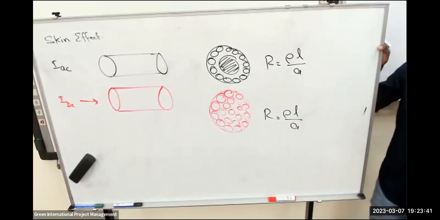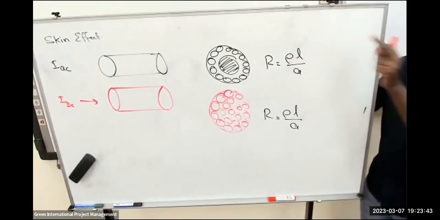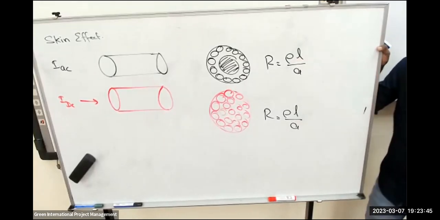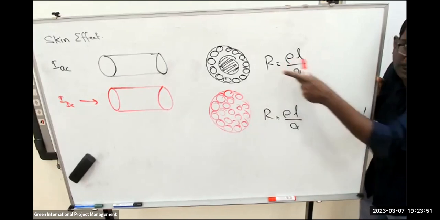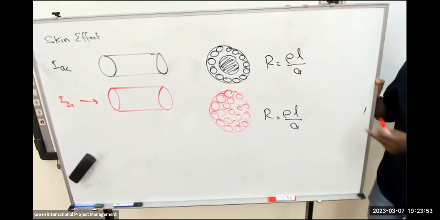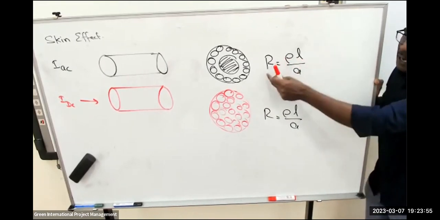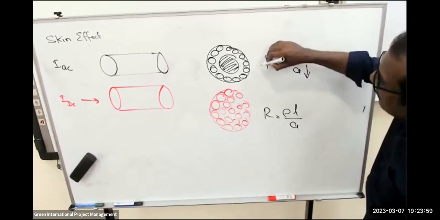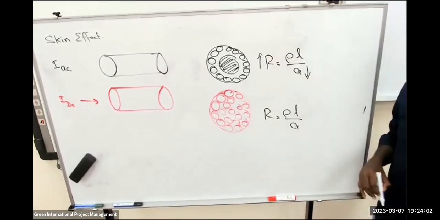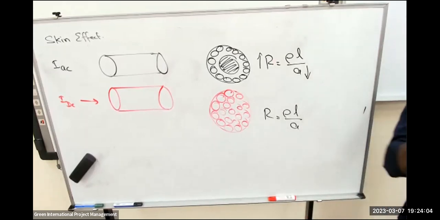L remains the same, rho remains the same, and A is physically the same in both, but actually the area carrying the current is reduced. If the conductor carries AC and the area is reduced, what will happen? R is increased. Here the area is reduced, that's why the resistance is increased. So if the conductor carries AC, the resistance value increases.